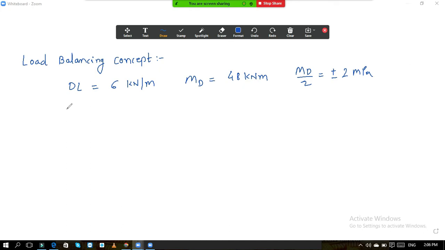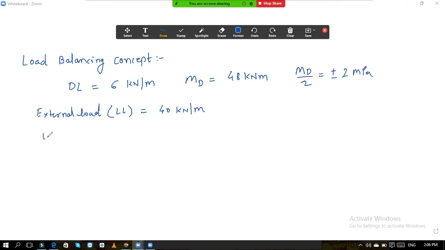After that, see the external load. External load, that is your live load. How much is the external load? 30 or 40? It is 40 kilonewton per meter. So the upward load we need to calculate.